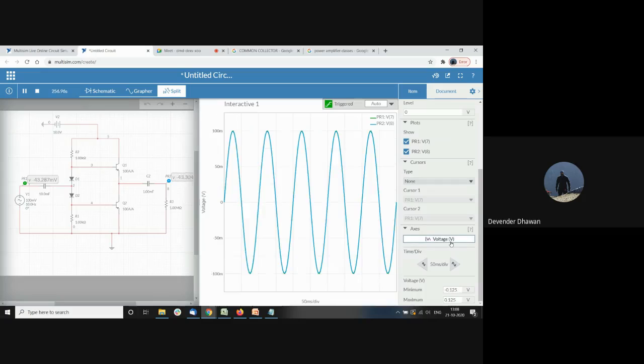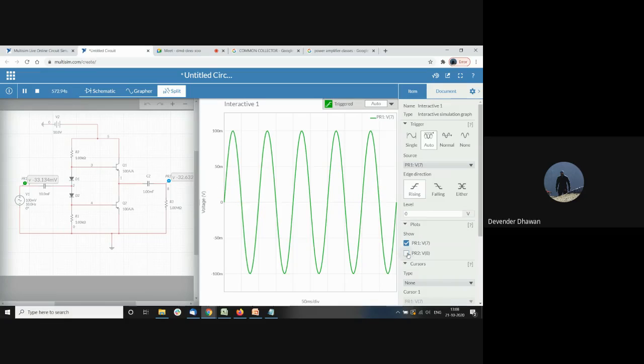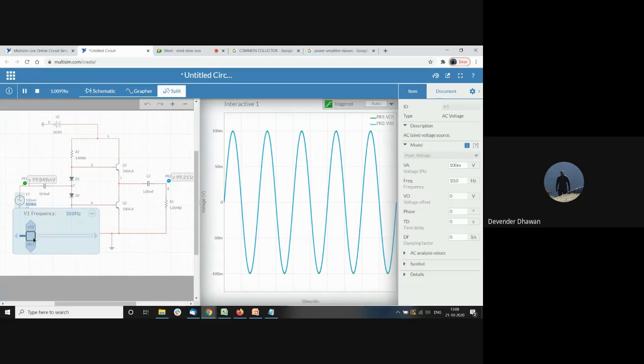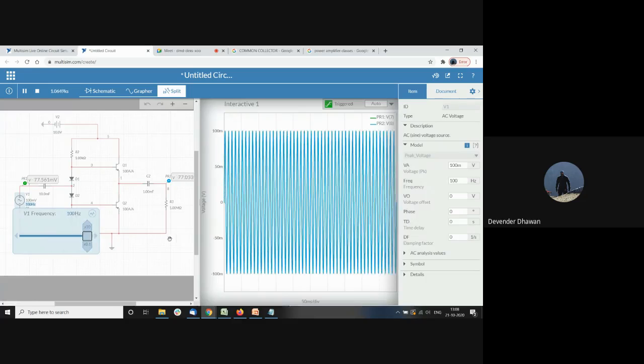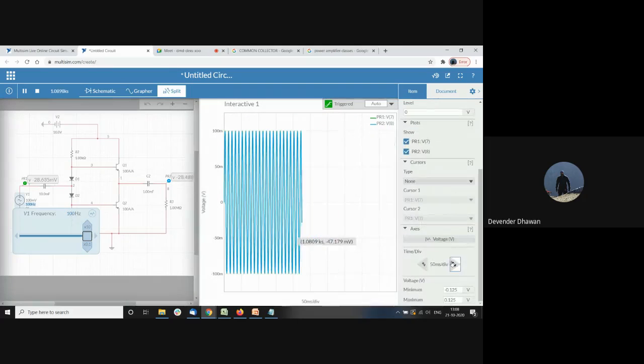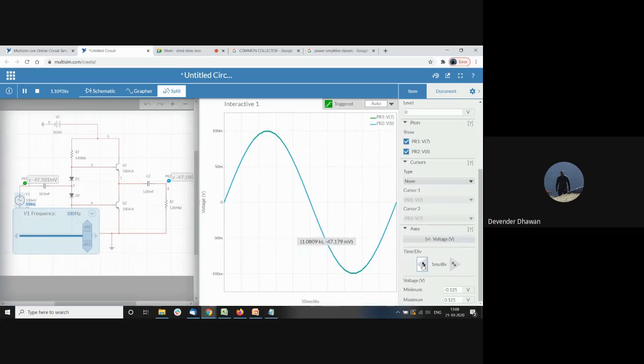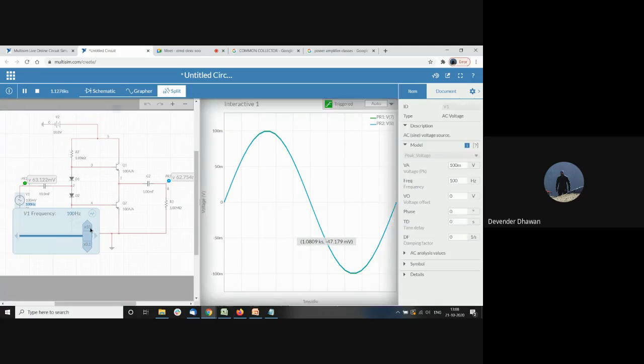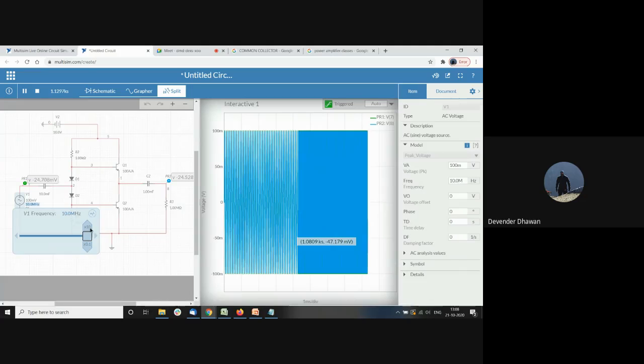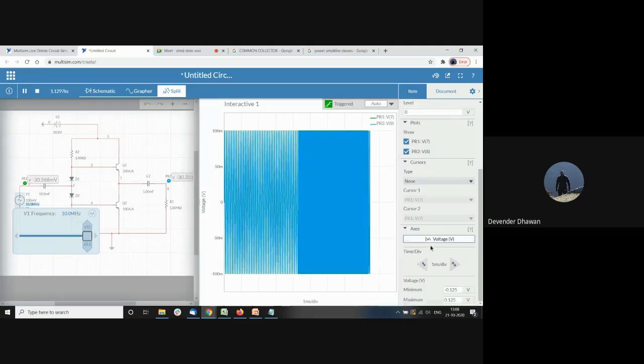You can change my frequency, it does not matter. So for all frequencies, the gain remains the same.